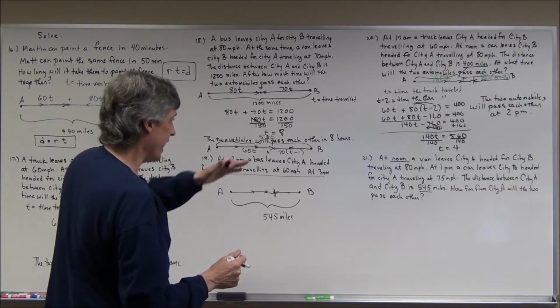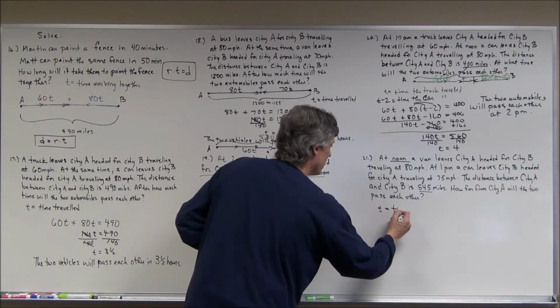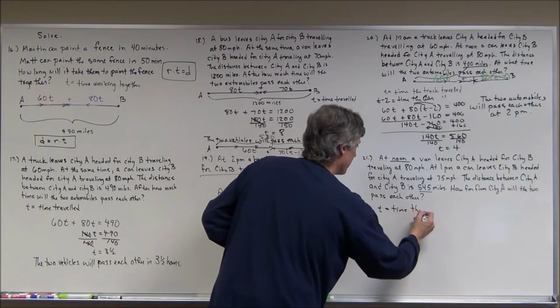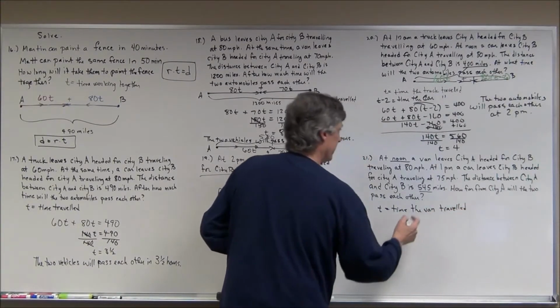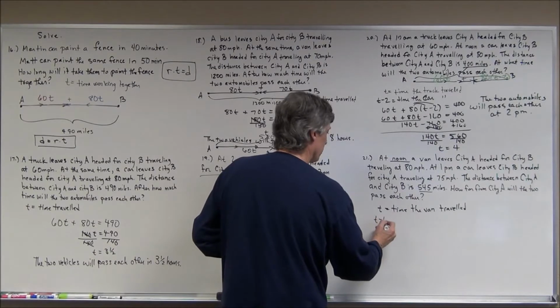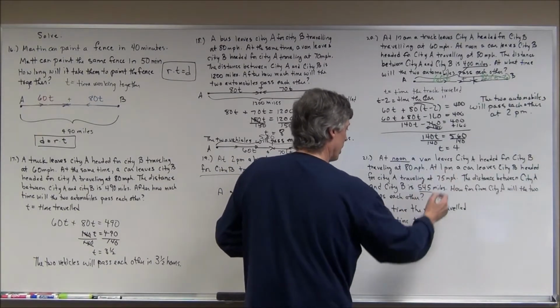So in this case, at 80 miles an hour, we're going to let t represent the time the van traveled. And we're going to let an hour later, so t minus 1, be the time the car traveled.